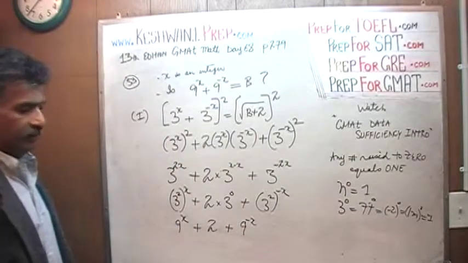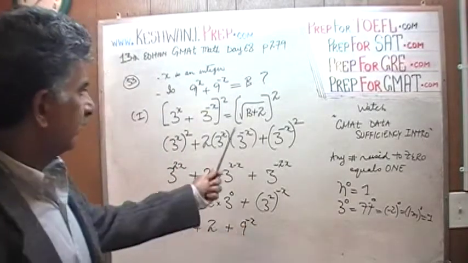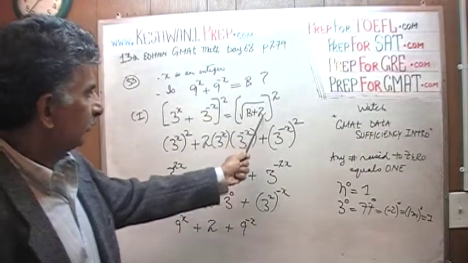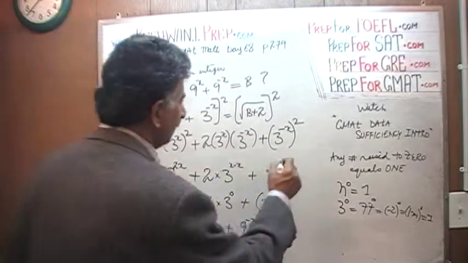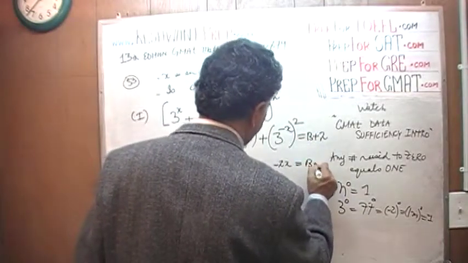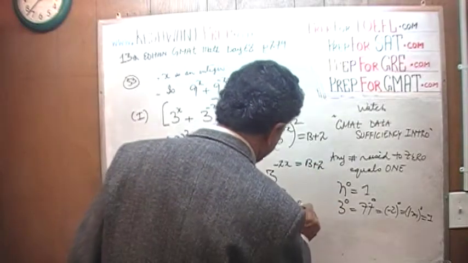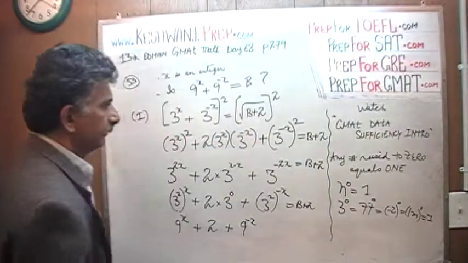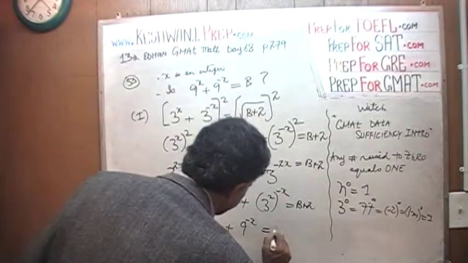And this entire thing we are told equals square root of b squared plus 2, which is just b plus 2.